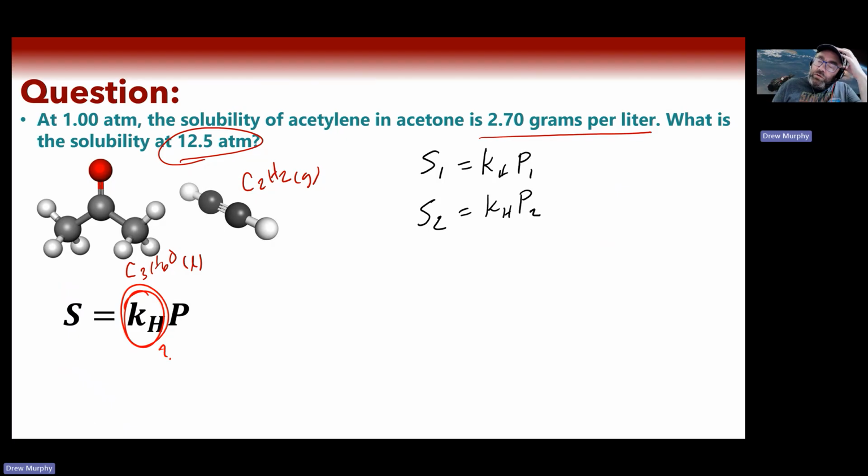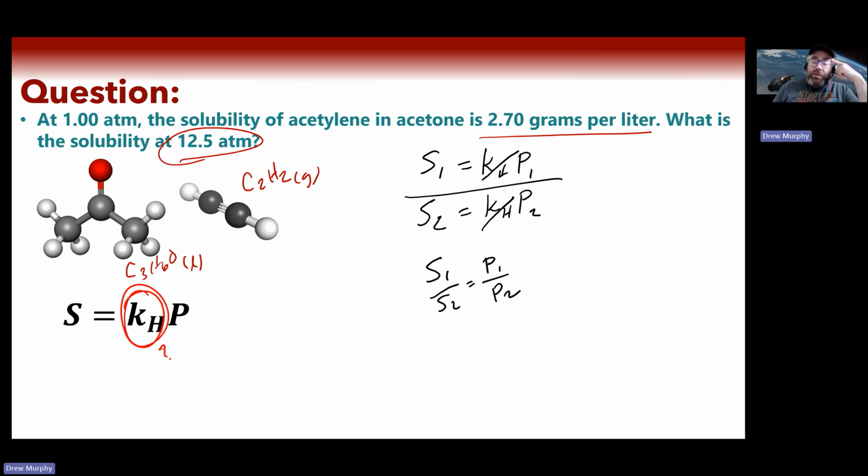Okay, if we take those equations and just divide them, which trust me is legal to do, what we end up noticing is, look, the constant is the same in both cases and it cancels out. So this finishes up to S1 over S2 equals P1 over P2.